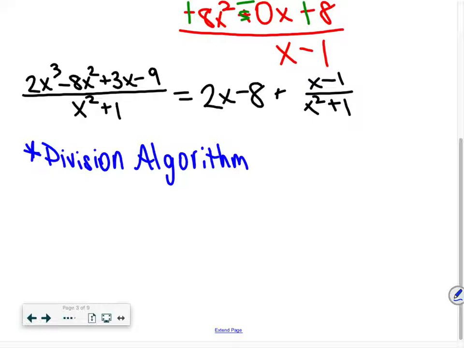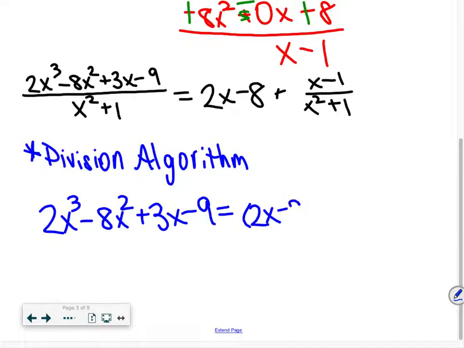Okay, if we have something like this, this is what we talked about on the very first slide. Remember we talked about how we can rewrite it to where we no longer have our divisor in the denominator. So we multiply both sides by that divisor, and we would get our function equals the quotient times the divisor plus the remainder.